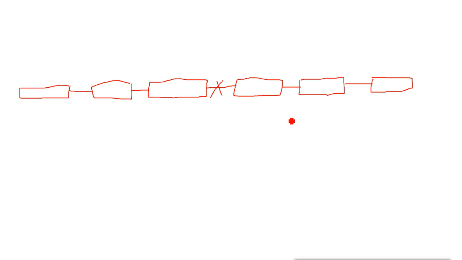If we have multiple breakdowns, if this link is also broken here, and this link is also broken here, then our single topology is divided into multiple different topologies. We don't want this to happen. So it is not recommended. If you are having a big network, then it is not recommended to have a design like this.